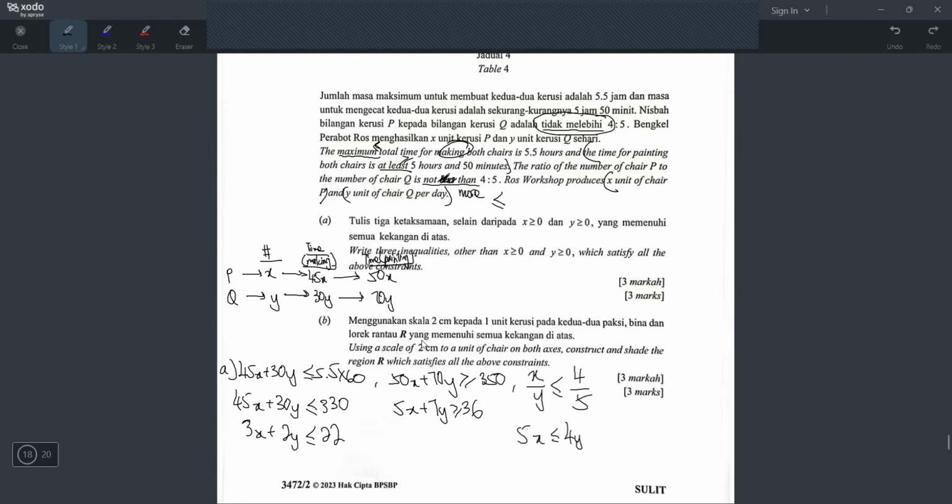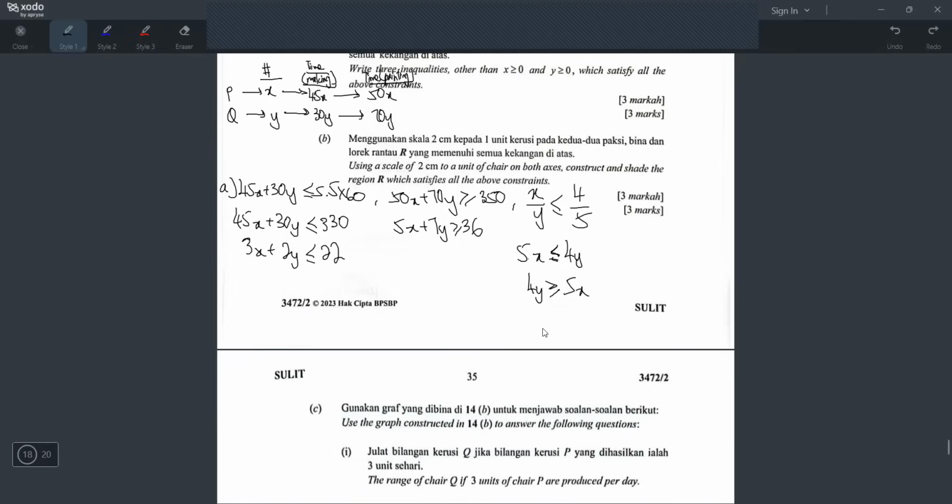And then now you can actually rewrite this the other way round like this. But when you rewrite it like this, what happens to the symbol? So look at the arrow now. The arrow is pointing towards 5x, right? So when you move the 5x to the other side, of course the arrow has to point back to the 5x also, right? And you can actually find y now. So y will be what? 5/4 x.